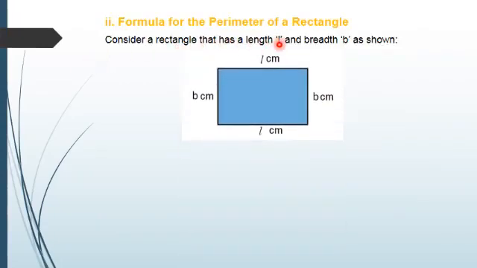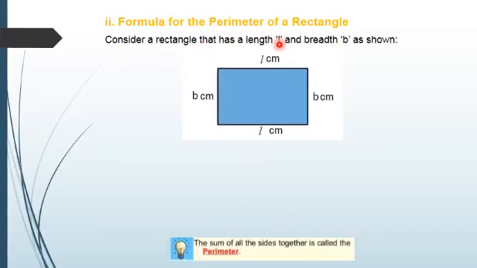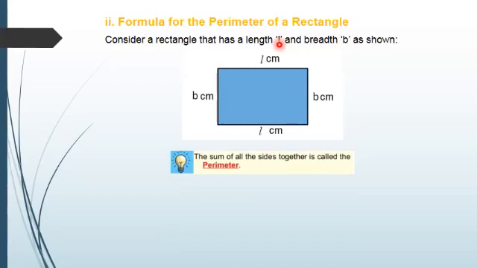Now, formula for the perimeter of a rectangle. We will consider a rectangle that has a length L and a breadth B. We know that the sum of all the sides together is called the perimeter.